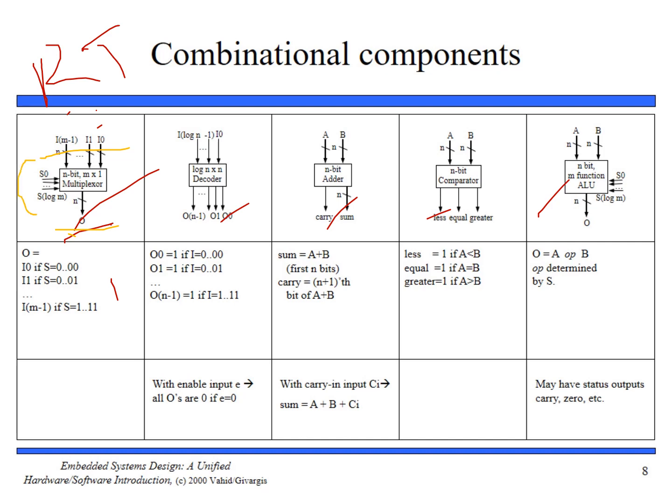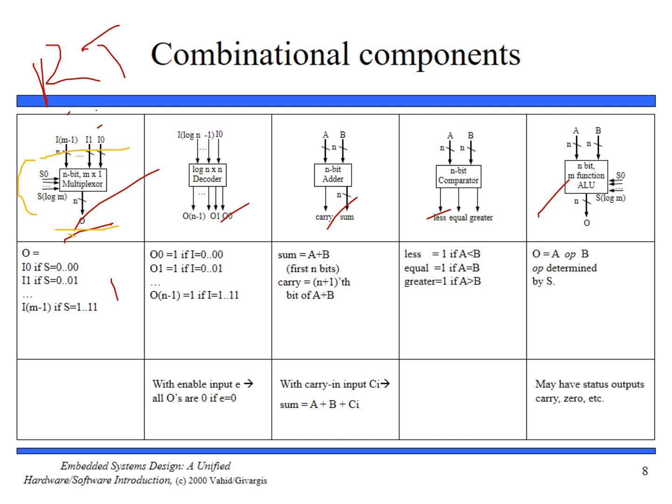If we have 8 data inputs, we need 3 select lines. If we have 16 data inputs, we need 4 select lines. The binary value of S determines which data input passes through.